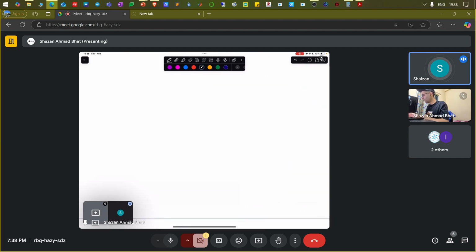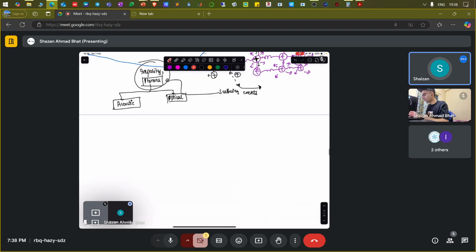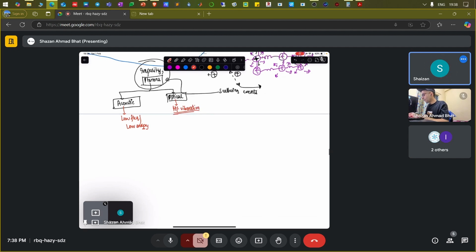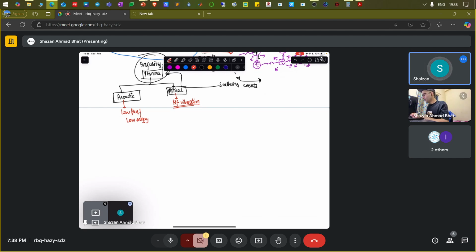Let's consider acoustic phonons are low frequency or low energy vibrations, and optical phonons are high frequency or high energy phonons. Because they are high energy, they become dominant in scattering mechanisms, and they scatter the electron.